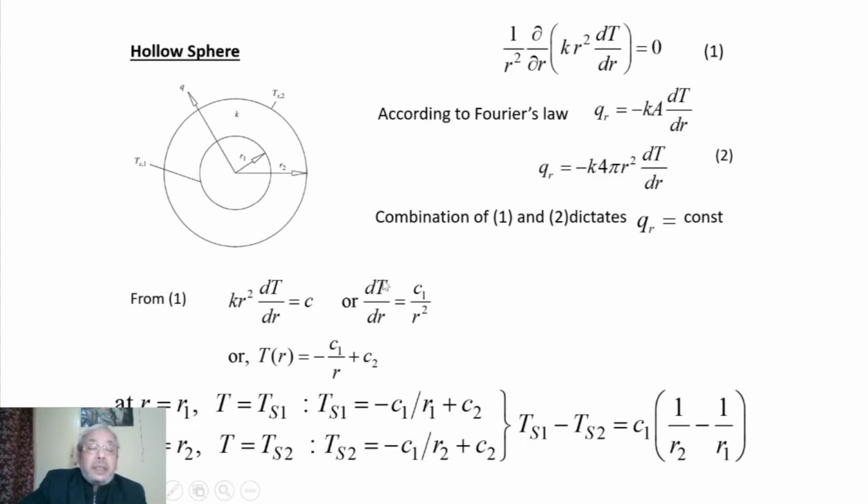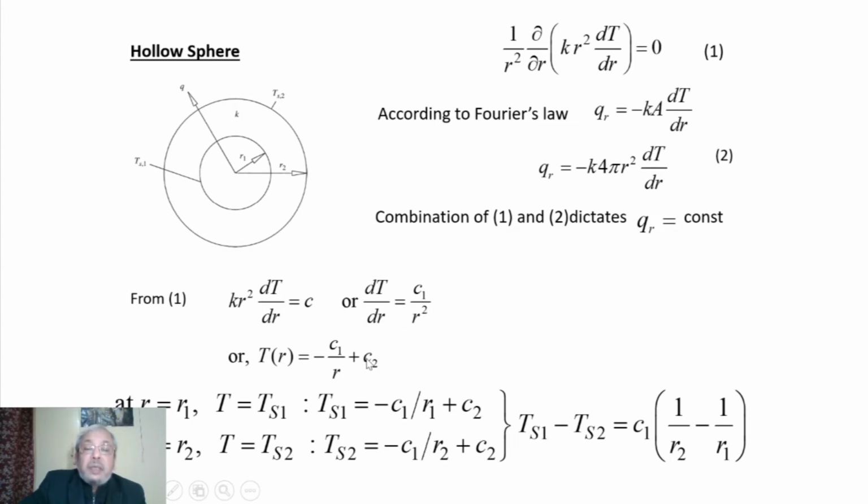Now from this we can write K R square dT dR equal to a constant, and dT dR is given by another constant C1 by R square. So T of R is given by minus C1 by R plus C2, if we integrate it once.